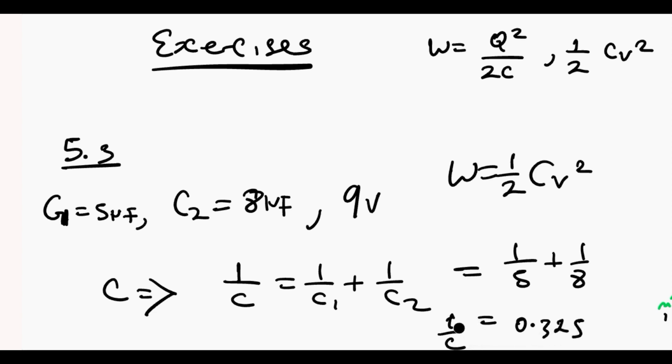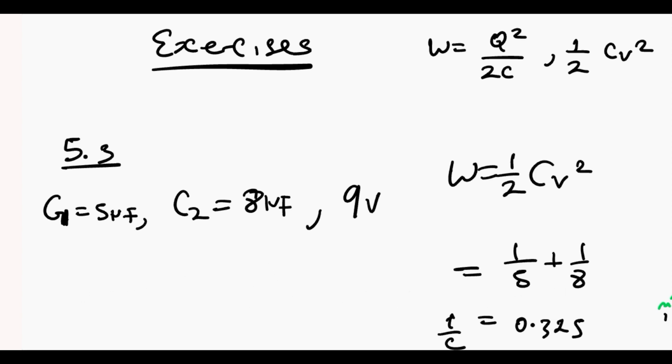Now invert this side, so C will be 1 over 0.325, which is equal to 3.07. So that's our C.